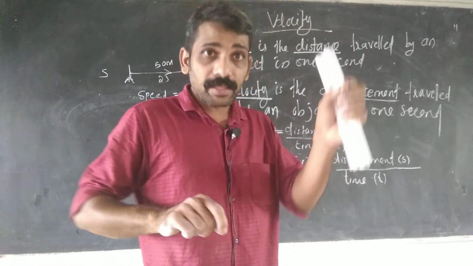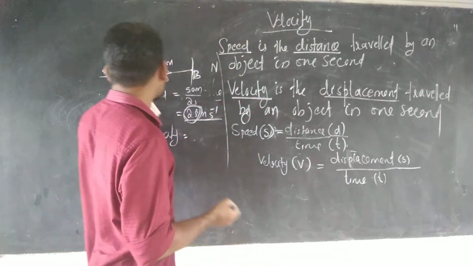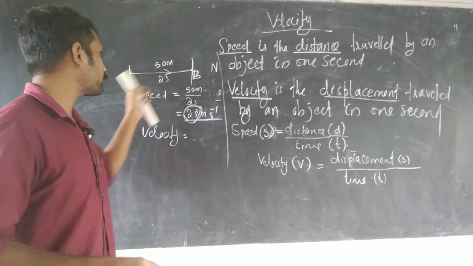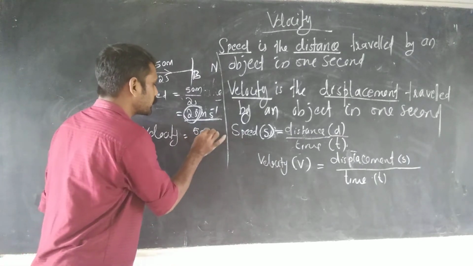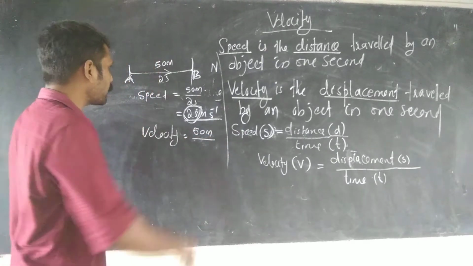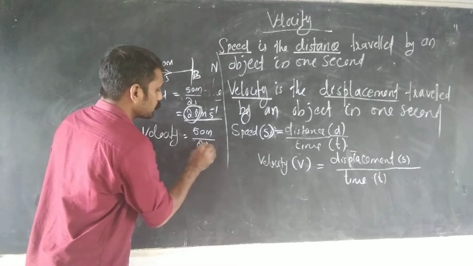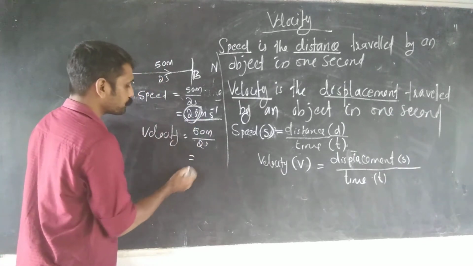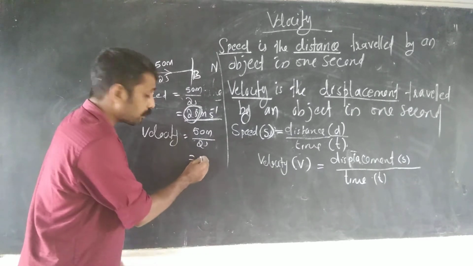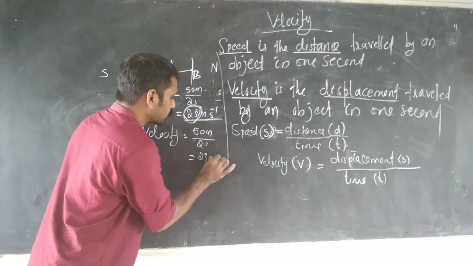So what is the shortest length between initial and final point? 50 meter. So displacement is 50 meter. And what is time? 2 seconds. So what will be the value? 25 meter per second.